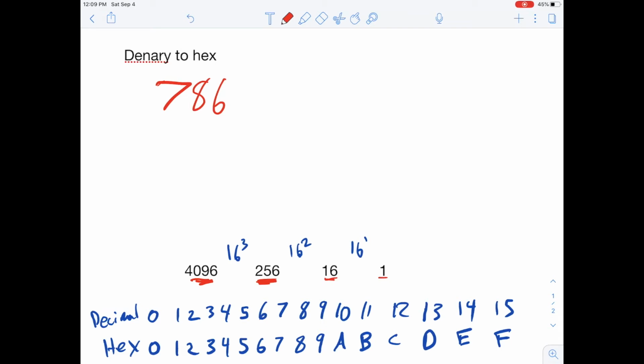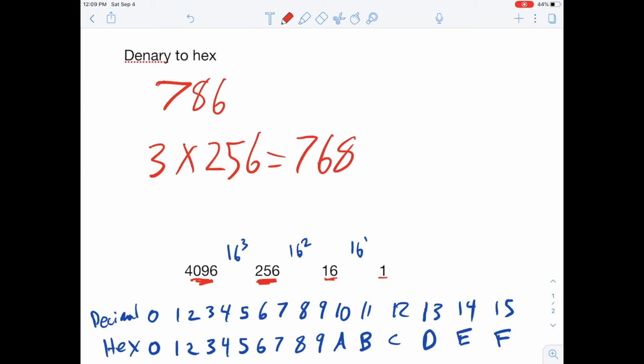So you have to figure out how many times 256 is going to fit into 786. It's going to be 3 times, because 3 times 256 is equal to 768. So you can see 768 is smaller than 786, so that will fit inside.